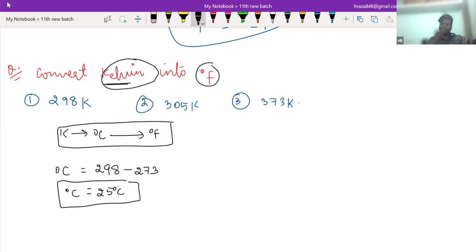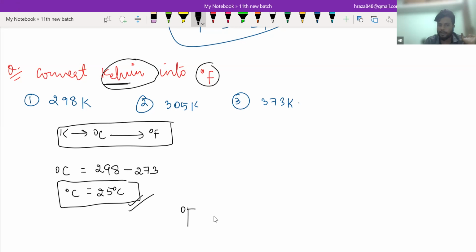If you have to convert degree centigrade into Kelvin, you add 273. If you have to convert Kelvin into degree centigrade, you subtract 273 from the given Kelvin. Are you getting my point? Iram? Yes, sir. Arnav?